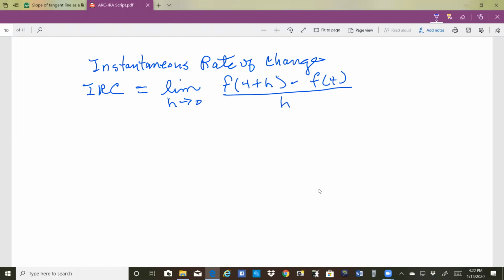Now, if you just plug in h equals 0, you get 0 over 0, which doesn't mean anything.